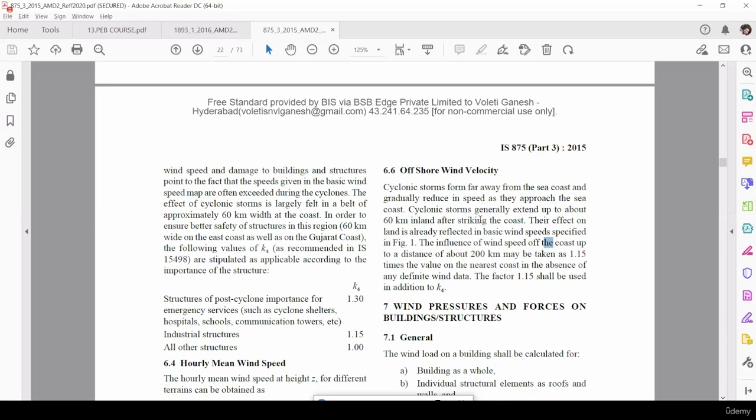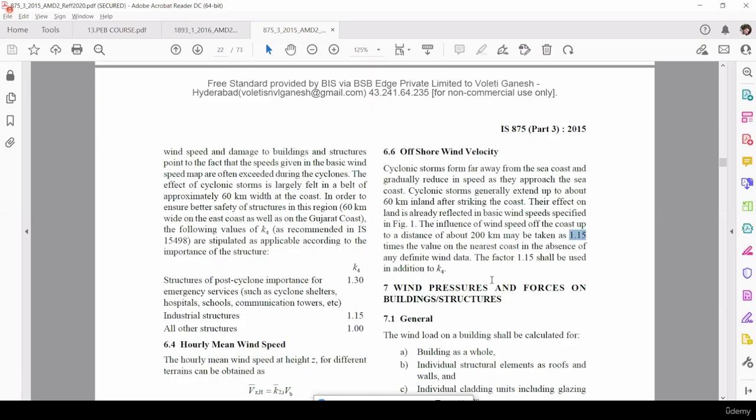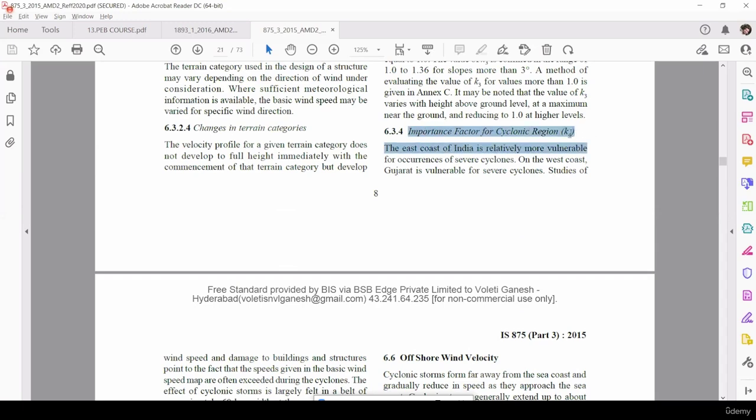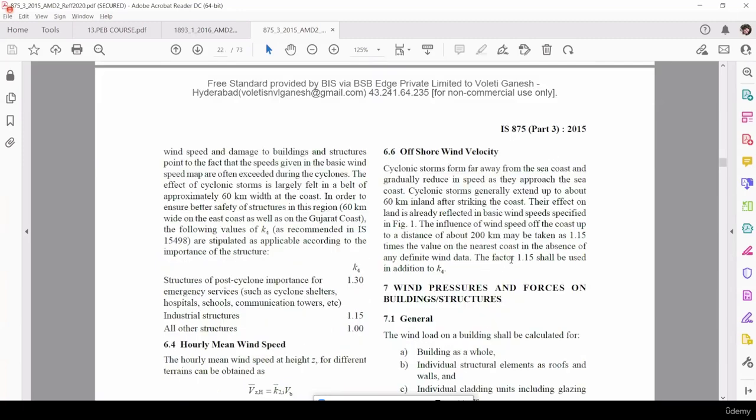The wind pressure will be multiplied by 1.15 times the general area. Whatever you are designing for general wind speed, you have to multiply it by 1.15 times. Suppose we take the K4 value as 1.15. This is the importance factor for cyclonic region. That is what I'm telling. For example, if we are calculating K4, we have to take 1.15 at the coastal areas.